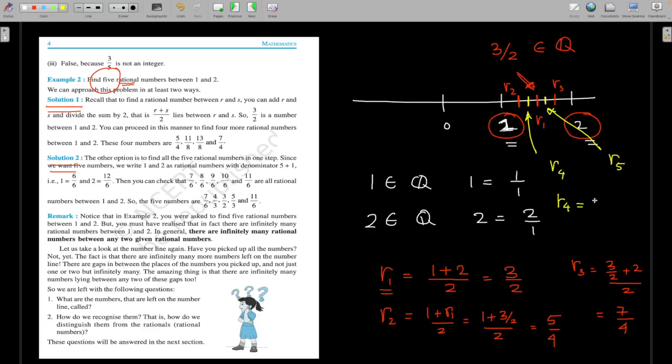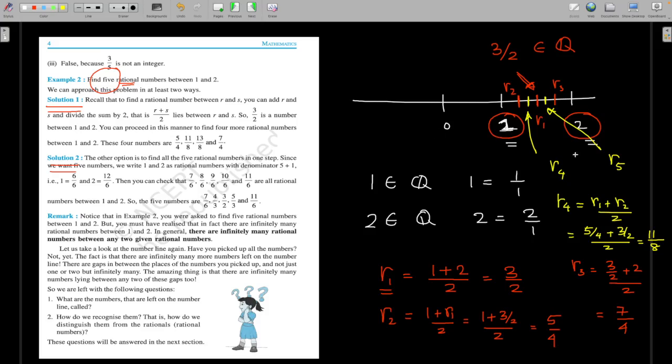R4 is equal to (R2 plus R1) divided by 2, which is (5 by 4 plus 3 by 2) divided by 2, and this happens to be 5 plus 6, 11 by 4, 11 by 8, right?